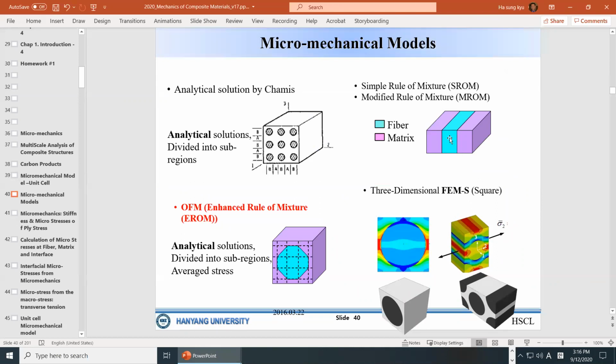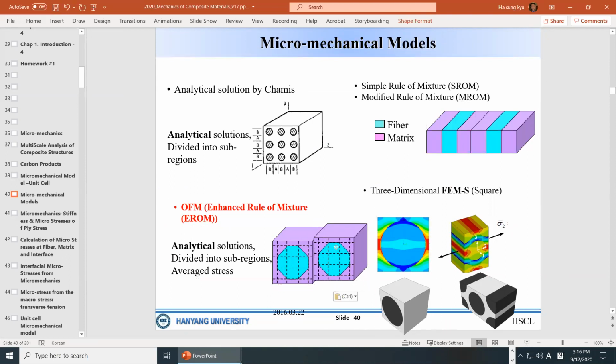So forget about all the circular inclusions. We just assume a one-by-one arrangement, fiber, matrix, and so on. We just assume like that. Similar to this is another analytical solution, the enhanced rule of mixture, EROM.